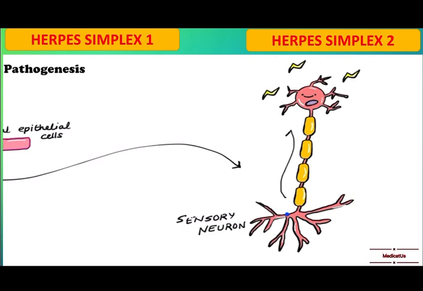And from there, it can travel up the axon to the cell body, to establish lifelong latent infection. Stress triggers reactivation of the virus in the nerve and recurrence of vesicles.